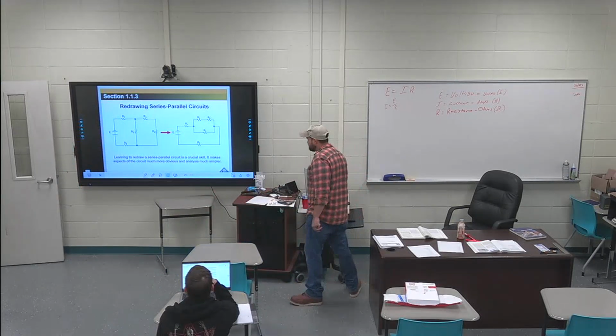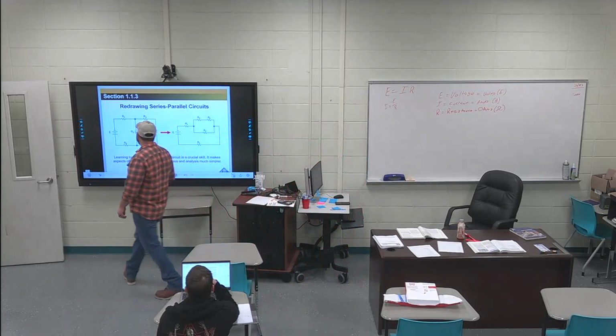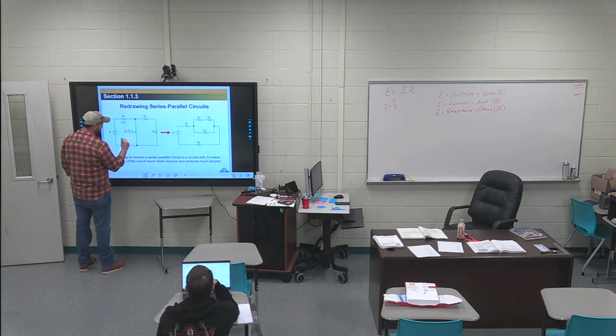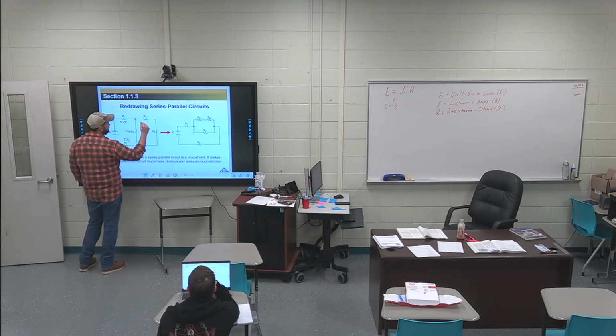So what they're going to do, if we wanted to work this as a problem, we can say, let's just put some values to it. Just 1 ohm, 2 ohms. No, let's not do that. Do something easier. 5 ohms, 10 ohms, 5 ohms, 10 ohms, and 10 ohms.